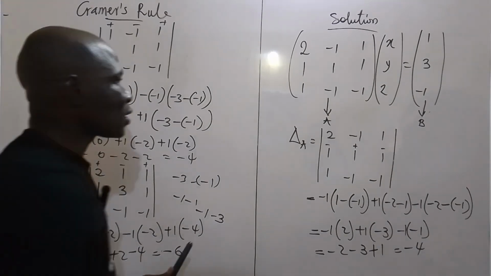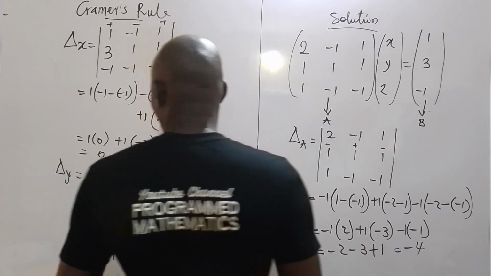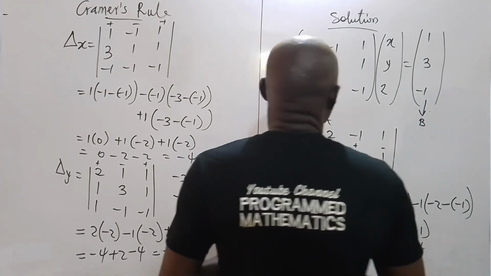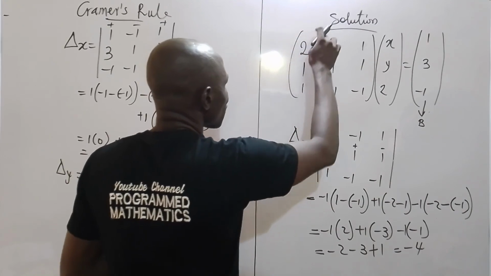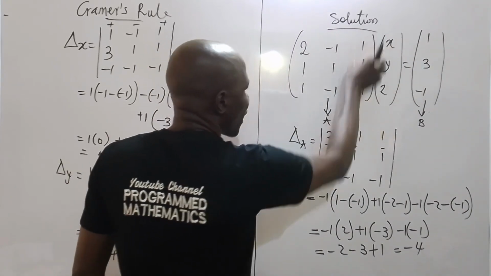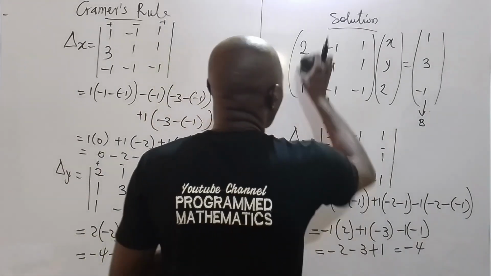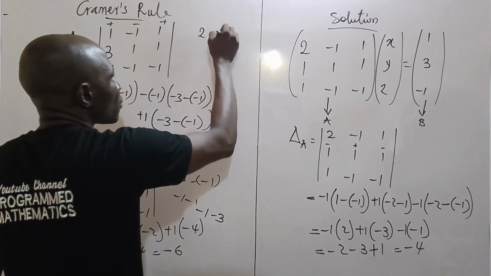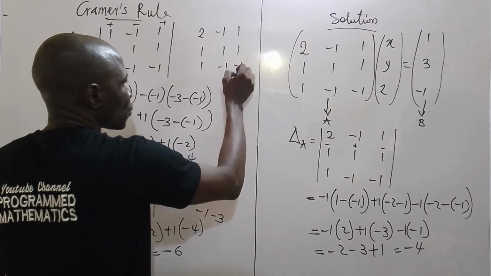Okay. So then the last part of it is to find the determinant corresponding to z. So what I'm going to do here, let me just modify this. Okay. So I'm going to replace the z column with this so that we can then have, let me transfer this down here. 2 minus 1, 1, 1, 1, 1, 1, minus 1, minus 1.